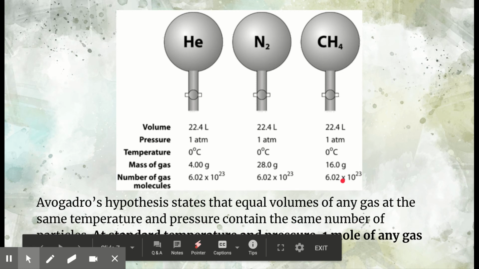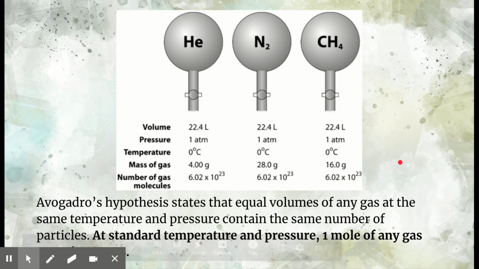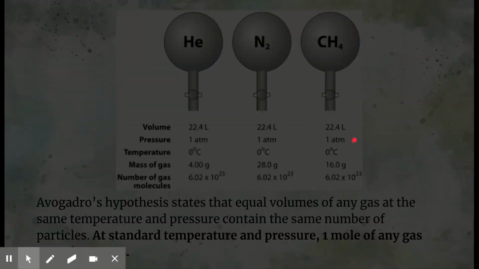Okay, and so Avogadro's hypothesis states that equal volumes of any gas at the same temperature and pressure contain the same number of particles. So at a standard temperature and pressure, 1 mole of any gas is going to be 22.4 liters. This is a pretty powerful conclusion to draw, because if we set our reactions at standard temperature and pressure, we can calculate the liters of gas that are either used or produced by a reaction.